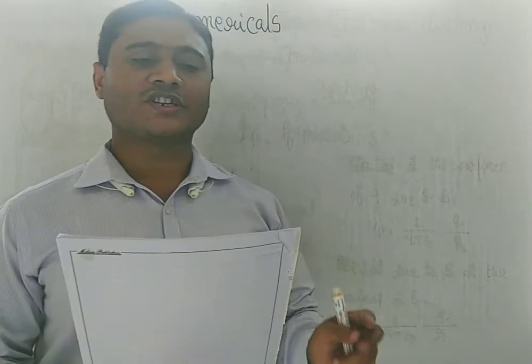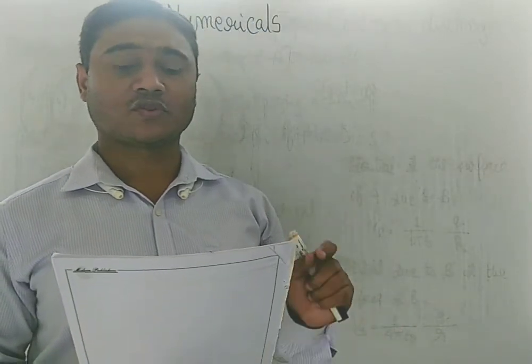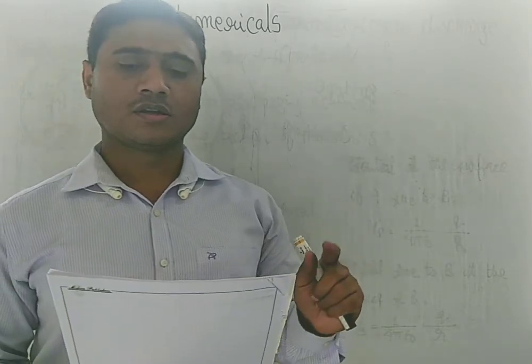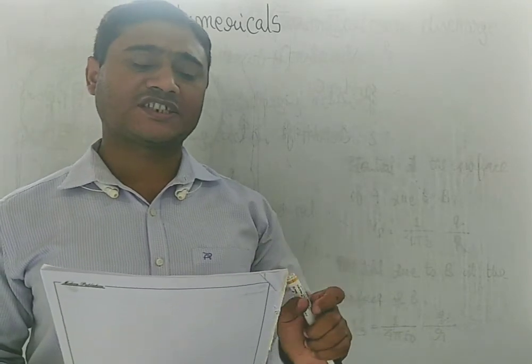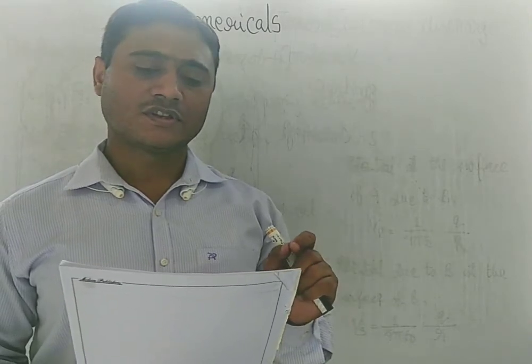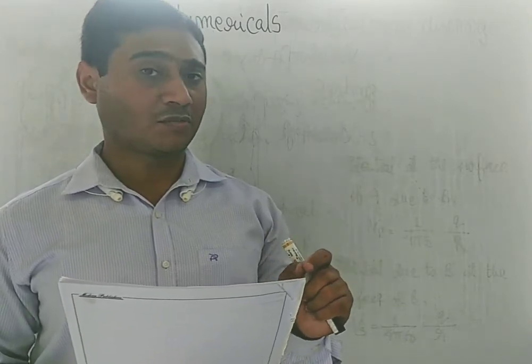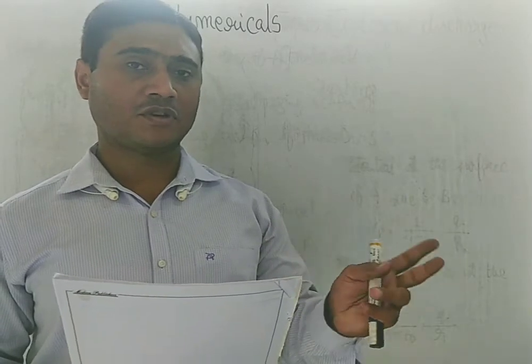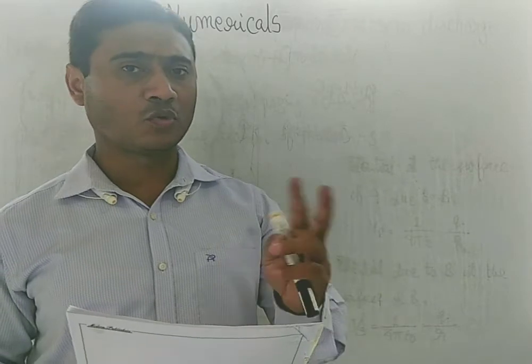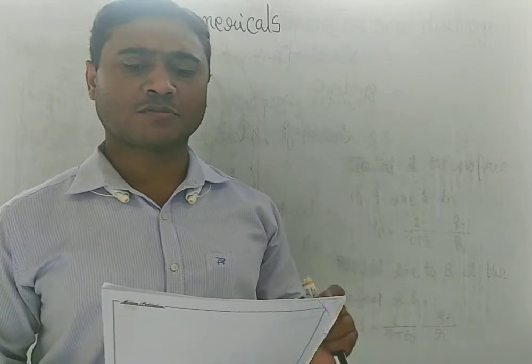Two isolated metallic solid spheres of radii R and 2R are charged such that both of these have the same charge density sigma. Means the sphere of radius R and the other of 2R both have the same surface charge density sigma.